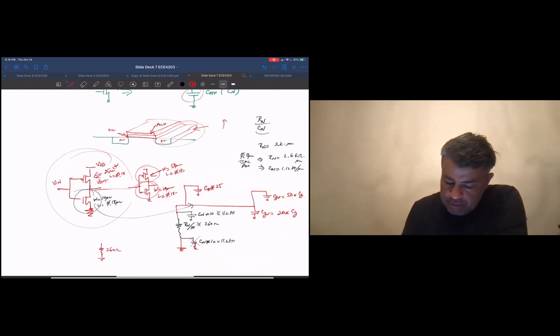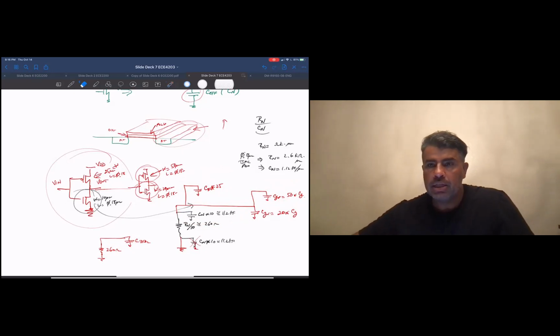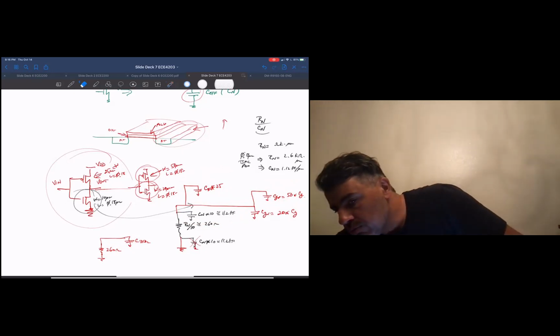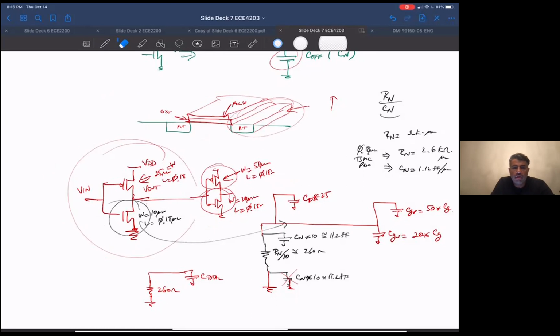I'll call that C total. That RC time constant is going to give me a reasonably accurate delay for the prop delay fall with this really simple RC network. So that's kind of the net.